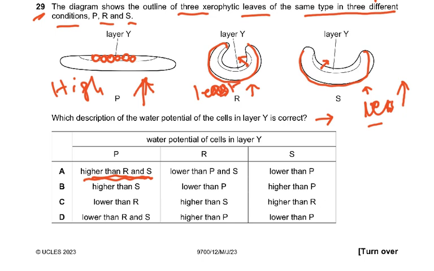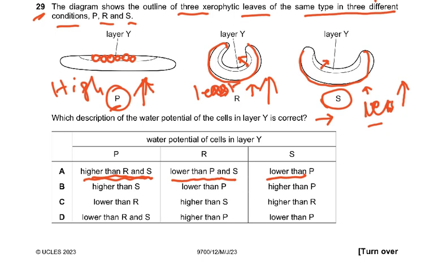Then this is lower than P and S. And this is lower than P. So S is lower than P, but this is lower than P and S. This one is lower than P and S because it has lost all the water. But S is only lower than P.